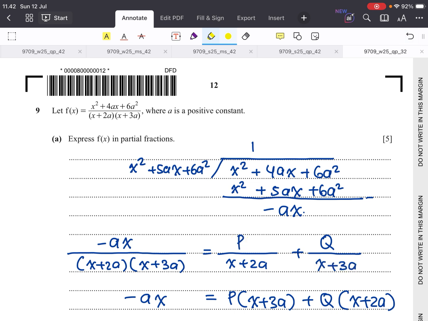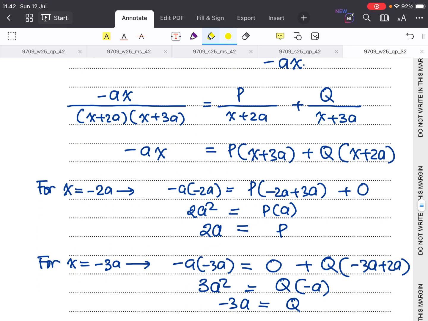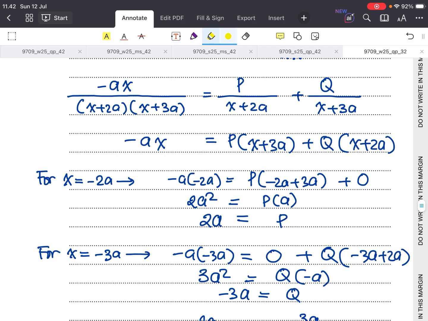Now p and q are constants to be found. So to find the value of p, this is one method that we can do.